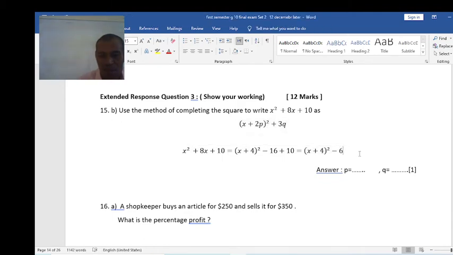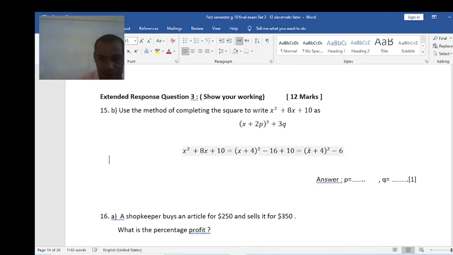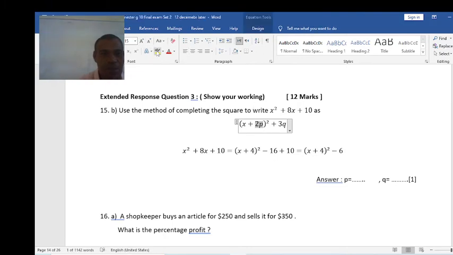So I'll just write this: this one means 2p should be equal to 4, because same sign, so it will be positive. For example, 3q should be equal to what? To negative 6. Why different? Because different sign should be negative. Clear?